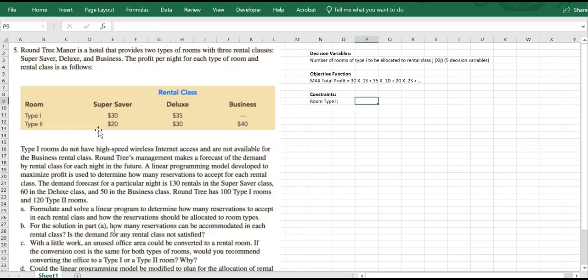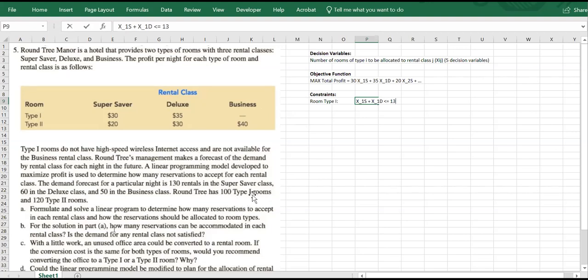So the number of room type 1 that you can allocate would be X1S plus X1D, and then nothing to the business class, should be less than or equal to 100 type 1.